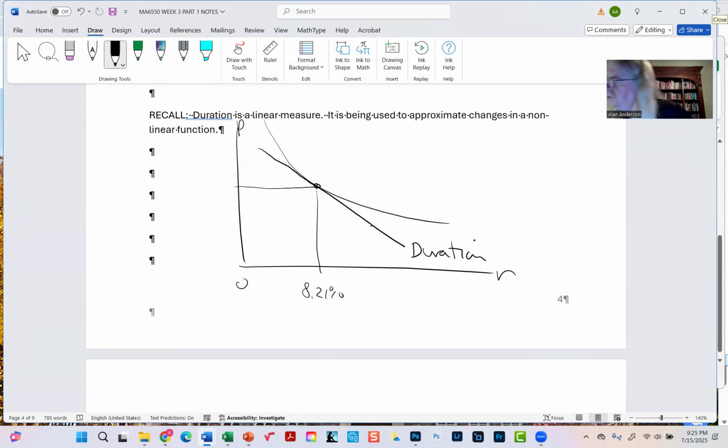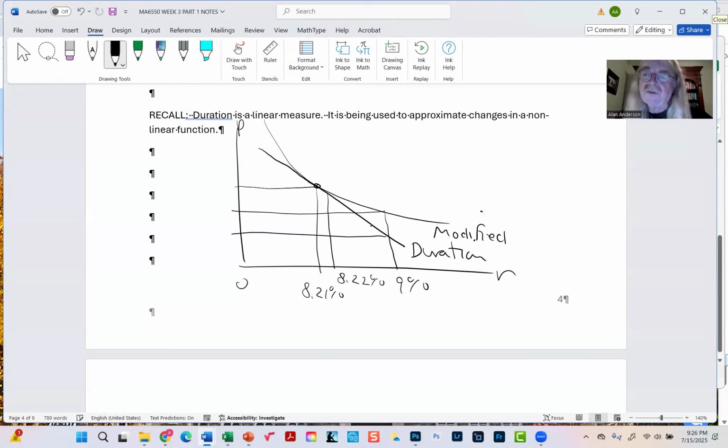And by the way, this is modified duration. So if the yield only goes up to, let's say, 8.22%, the difference between the price yield curve and the straight line is very, very minimal. I mean, they're practically the same thing. But if I suddenly have a huge increase to 9, let's say, the difference between the actual new price and that predicted by duration, that's a big difference. Okay, so this is the actual, this is predicted.